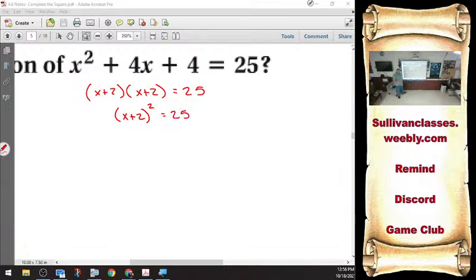Well, if I can undo squared with square root when it's just x squared, I can also do it here. Just remember, when I put in the square root, this is plus or minus 5, and anytime I square root something squared, they cancel.